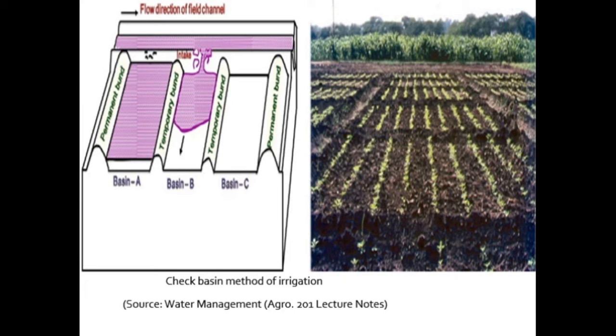Some of them are: high labor requirement is essential. Likewise, levees impose restriction in the use of modern farm machinery. Similarly, use is generally restricted to relatively smooth lands because of the expenditures involved in leveling the plots.